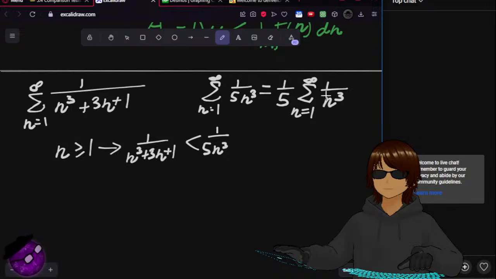So we have this, and this converges because p is greater than 1.